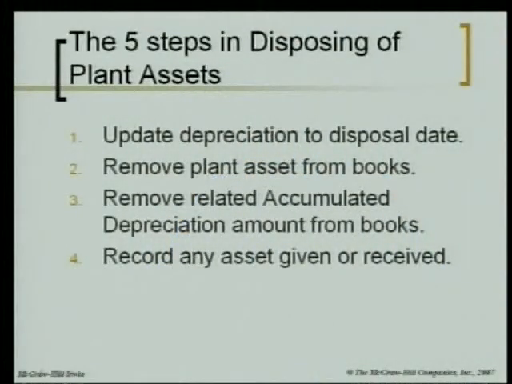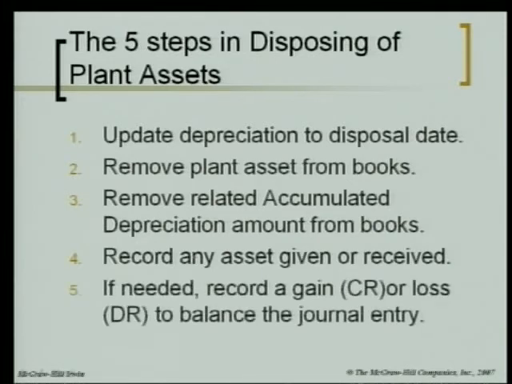Let's say you had to pay a service to recycle that and zero out all the memory and stuff. Well, then that would be an asset given. But the fourth step in looking back at the PowerPoint is to record any asset given or received. Usually that's going to be cash.